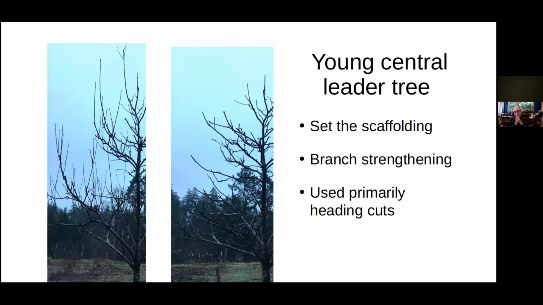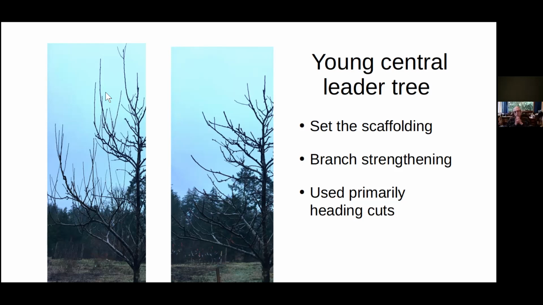This tree is maybe 8 or 9 years old at this point, and it's hard to tell from the photo, but it's about 10 feet tall. What we have on the northern spy is a lot of wildly upright growth, and not every tree is going to be like that. But the main goals are very similar here.